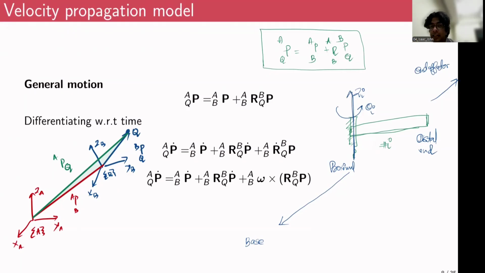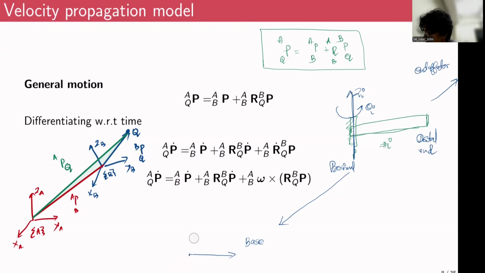In that case, any attribute associated with the ith rigid body, maybe the center of gravity, its angular velocity, its angular acceleration, are initially referred with respect to the frame of reference attached to the body. Otherwise, it'll be very difficult to straight away define the center of gravity of a floating link with respect to a fixed frame.